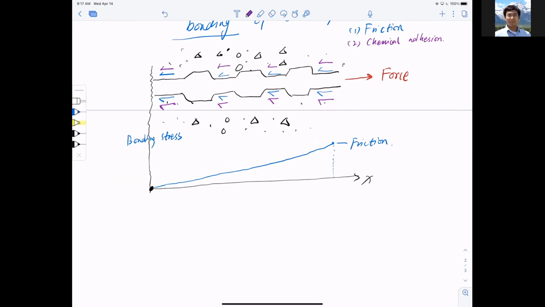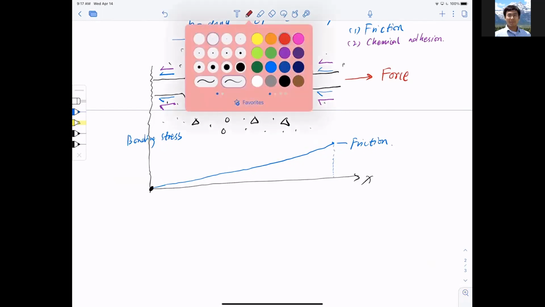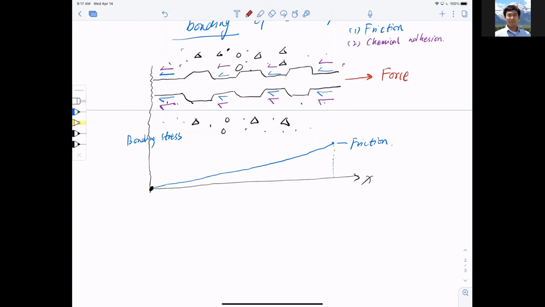So last but not least, this is the time where all these ribs start to play the main role here. Now there are two sides of the ribs. You notice that I only emphasize the right side because that's where the bearing happens.